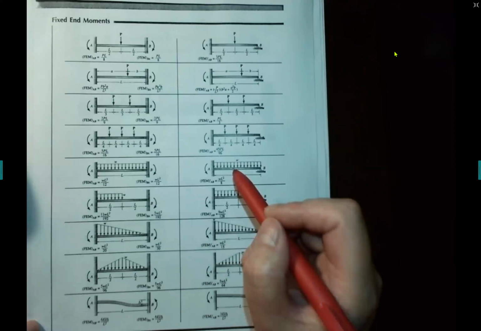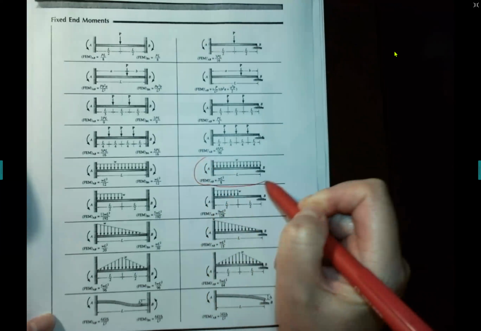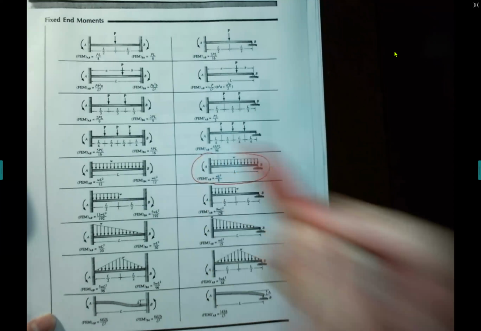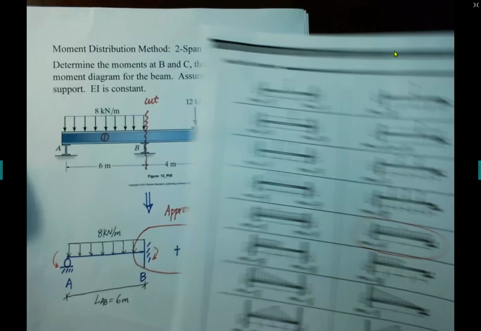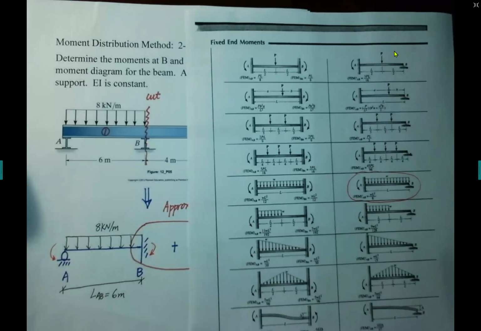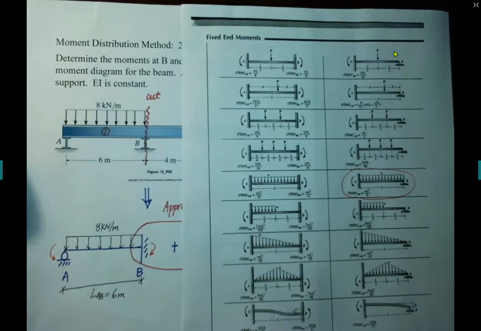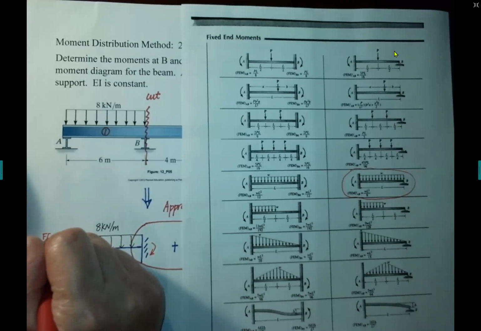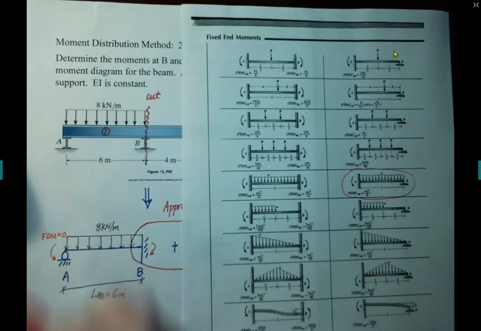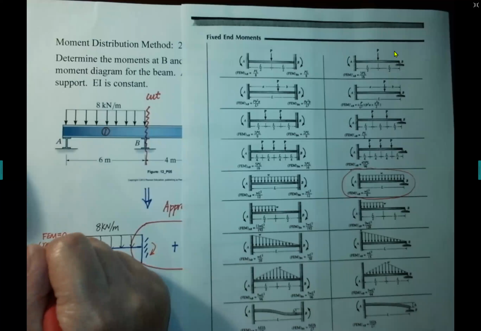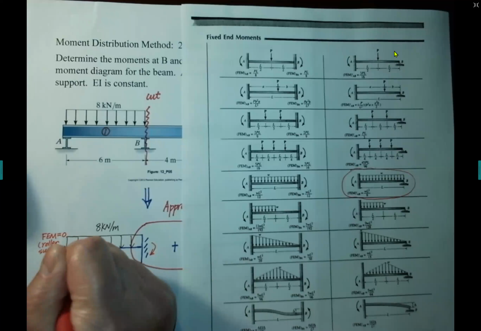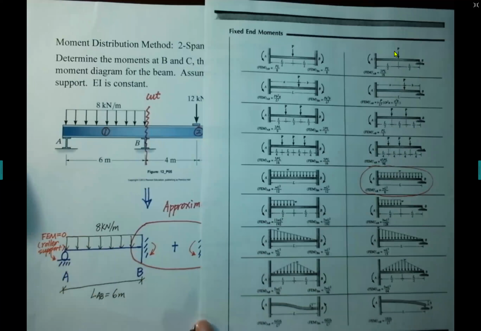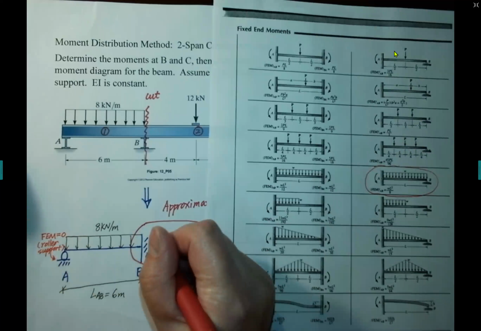So we will use this case for member AB. Okay, and for member AB, we have the fixed end moment at A equals to 0 because of the roller support. There's no moment.